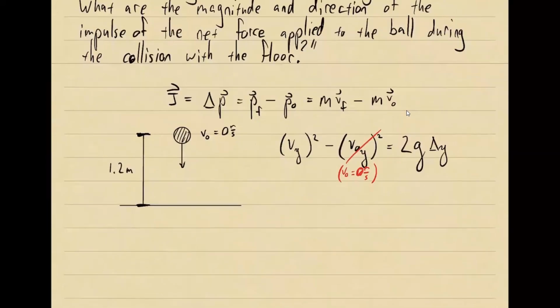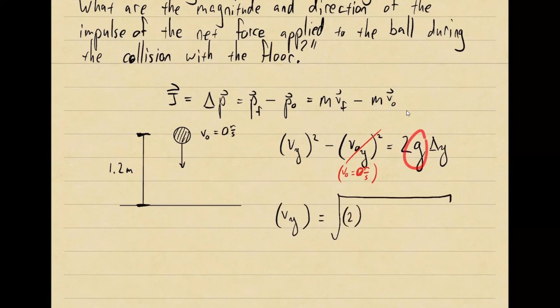So our final velocity in the y direction, just as it hits the ground, is going to be equal to the square root of 2 times our acceleration due to gravity. But our acceleration due to gravity is going to be minus 9.8 meters per second squared. Delta y is going to be minus 1.2 meters, where the minus sign is because our displacement is downwards.